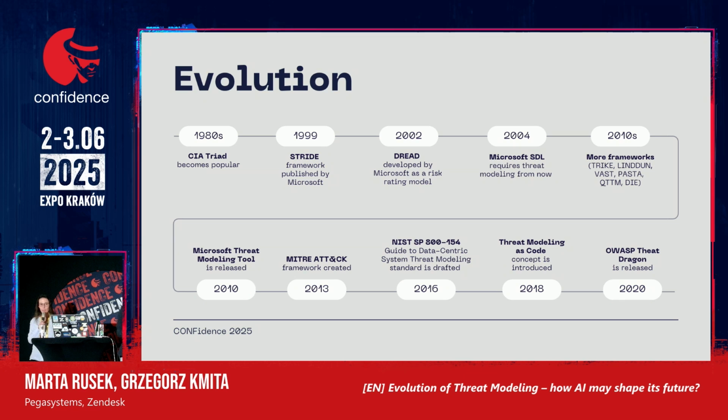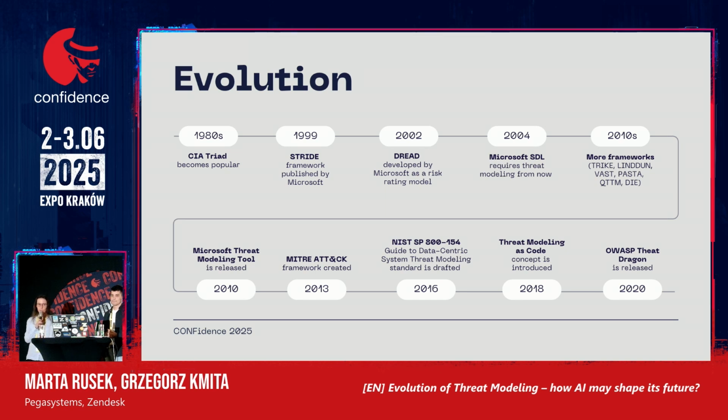Actually, we don't have a specific date that can be considered as the beginning of threat modeling, but we can try to identify some events that gave rise to this work, such as in the 1980s, the CIA triad has become increasingly popular. In 1999, the STRIDE framework was created.